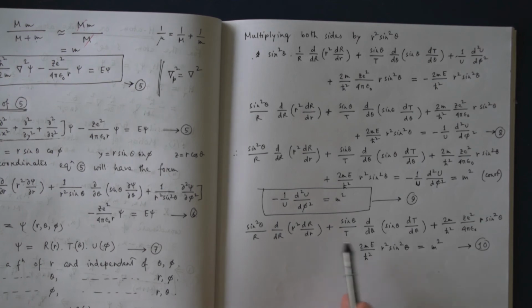Now we have to divide these two equations. Here we have variables r and theta. We have separated one variable phi. Now we have two variables r and theta, so we have to separate r and theta also. So how can we do that?